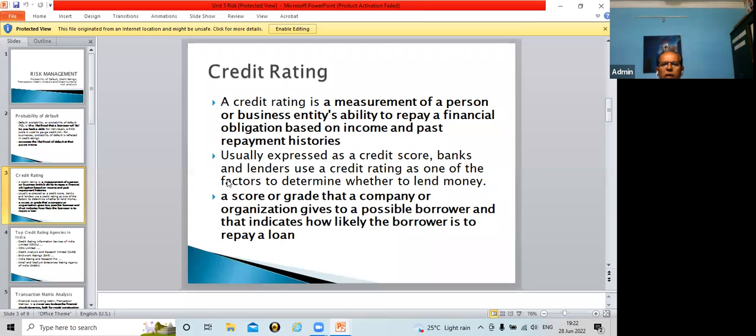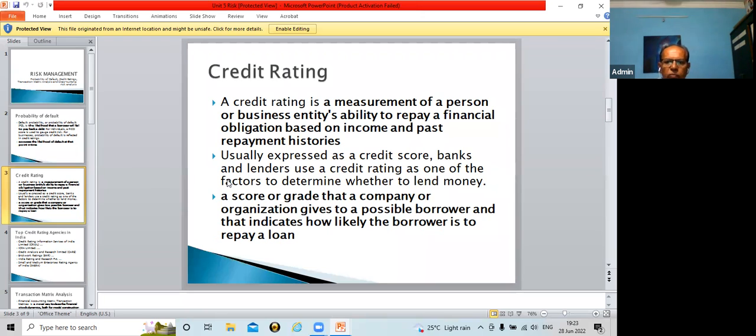Okay. And second paragraph, look here, usually expressed as a credit score. So on the basis of net profit, this financial institution will calculate the credit score. Then banks and lenders use credit rating as one of the factors to determine whether to lend money or not.